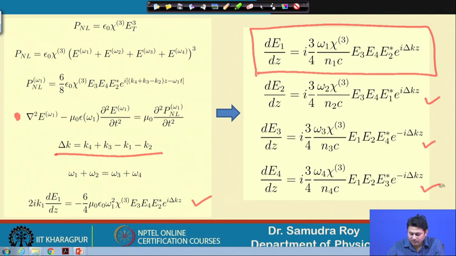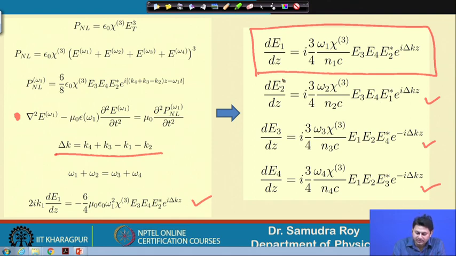These are the evolution equations, or governing equations, of all the fields under 4-wave mixing. Only thing is that here it is E3, E4, E2 star. For E2 it should be E3, E4, E1 star.